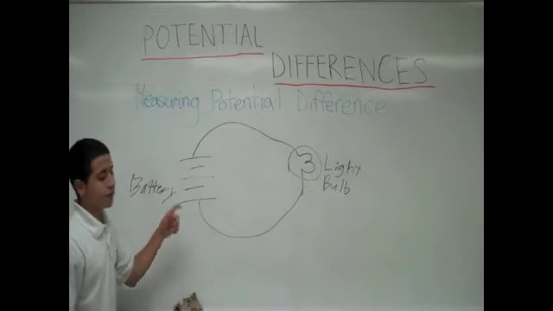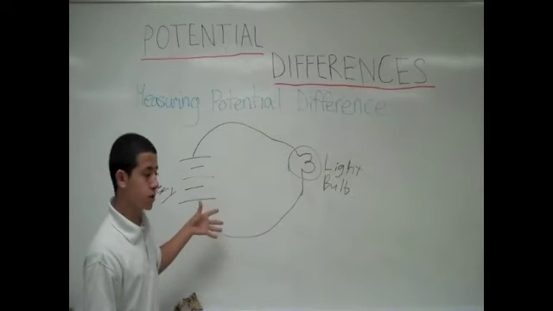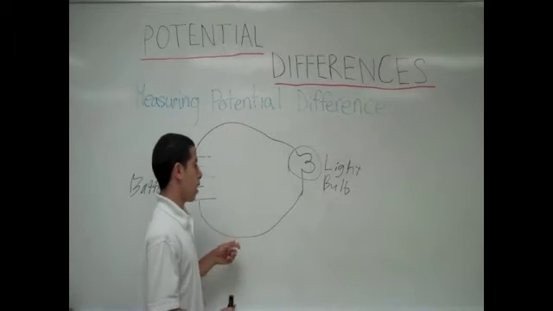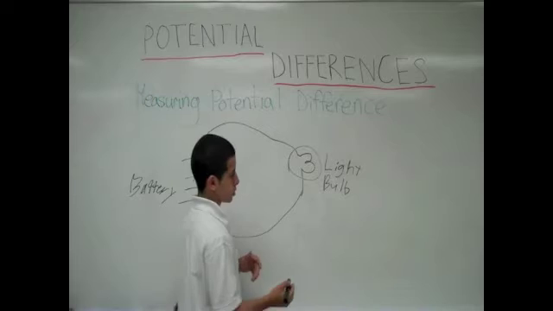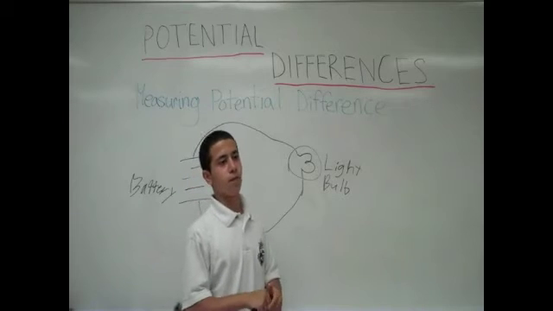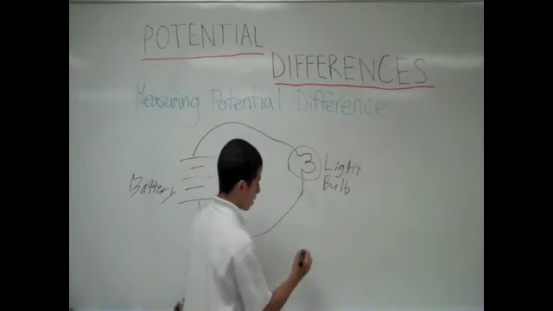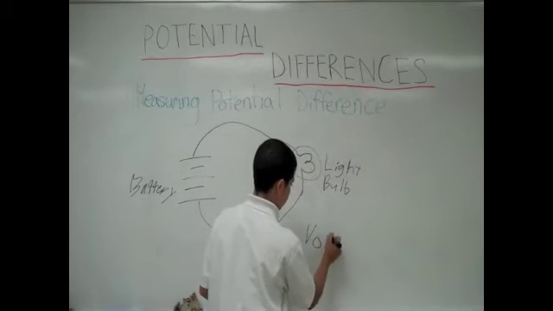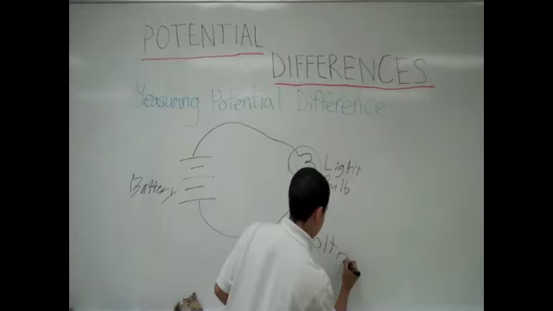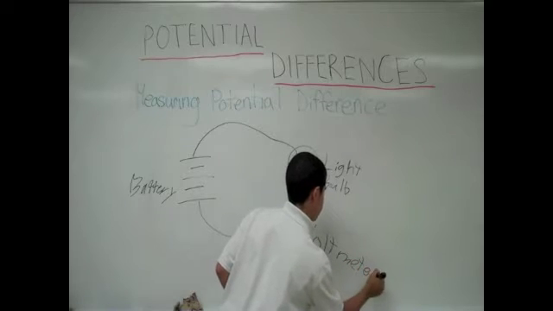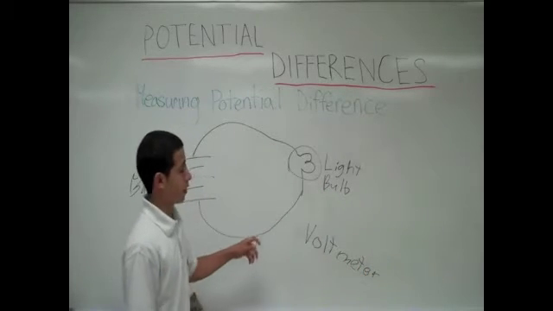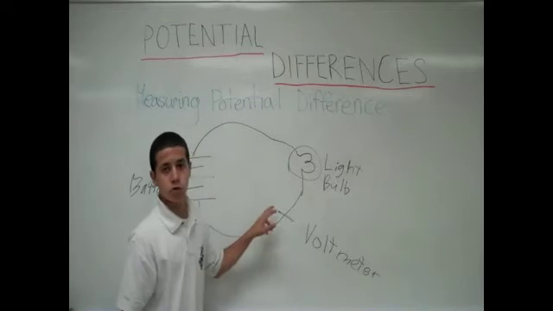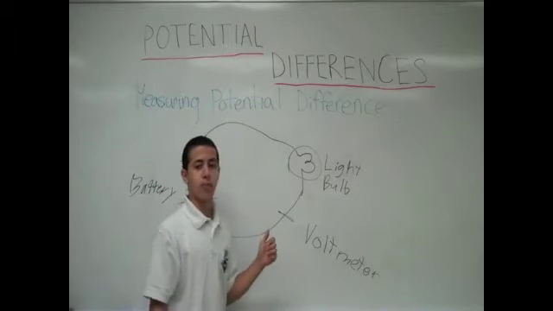If I wanted to find the voltage, which is the potential difference within the circuit, I would connect a voltmeter, which is explained more in the other chapters. I would have it connected between any two parts of the circuit to tell me the voltage.